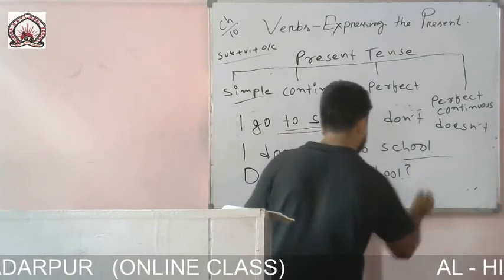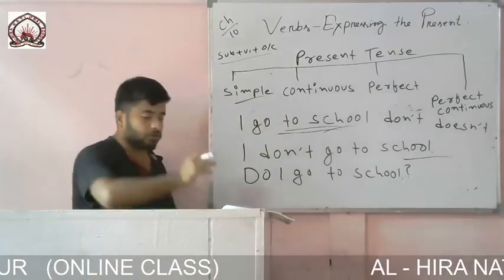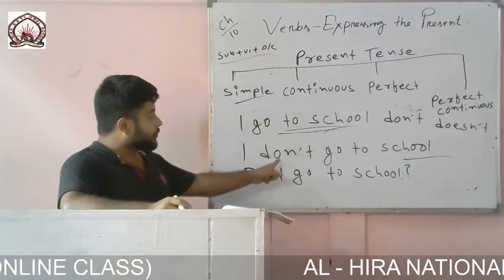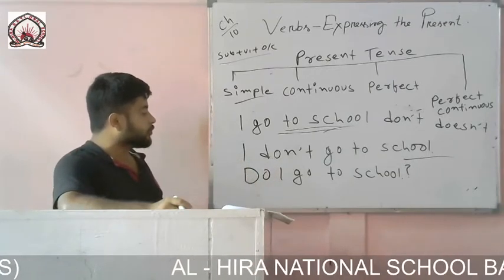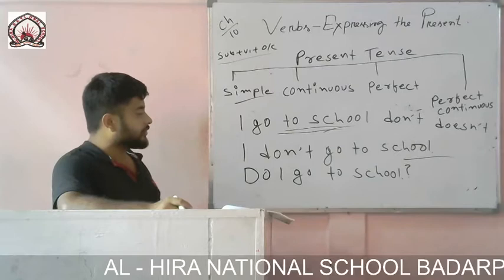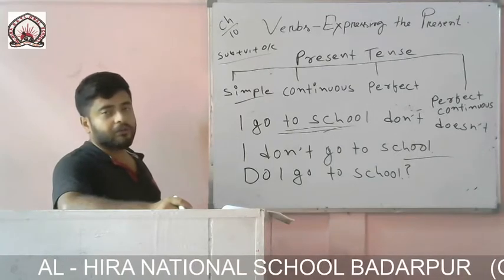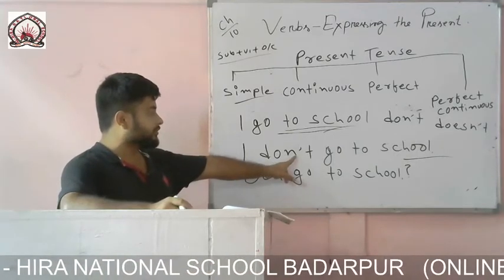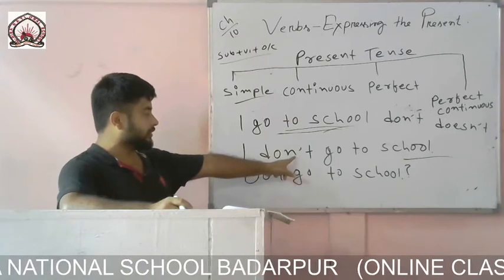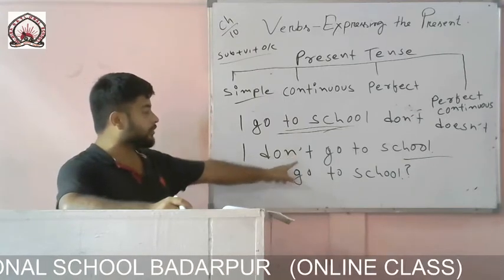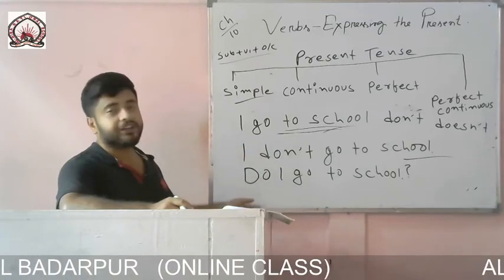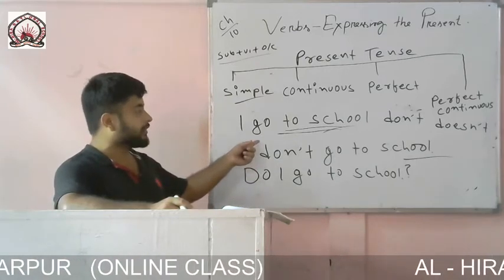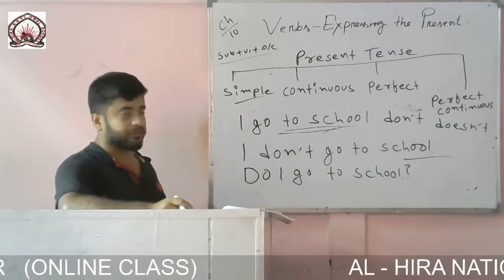Question mark will be there since it is interrogative. We will take do before the subject, and then it will become interrogative. We cannot use not. We only have to change this affirmative sentence into interrogative.